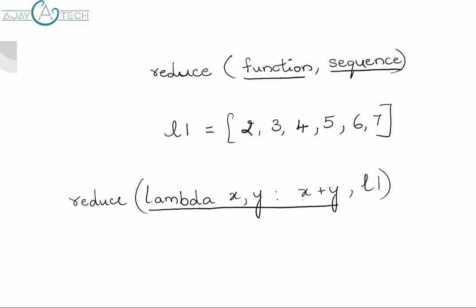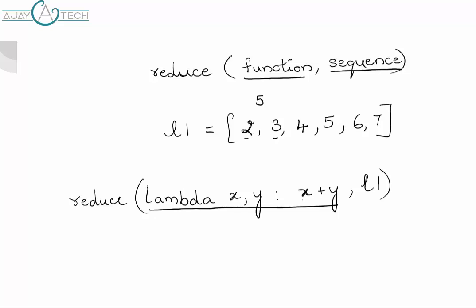As per the lambda expression, the arguments x and y denote the elements at the 0th and the first index, and as per the expression, we need to add the elements at the 0th and the first index. So as a first step, we apply the function on these two elements and an intermediate result is stored.